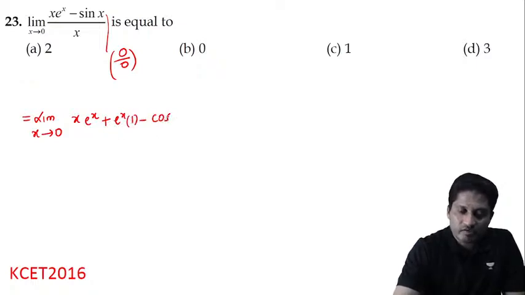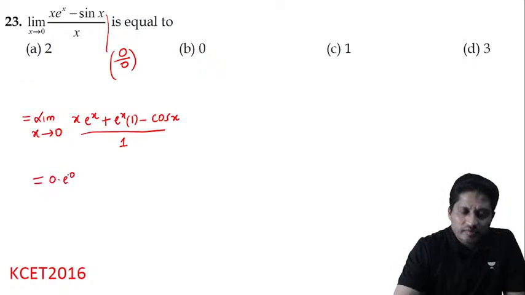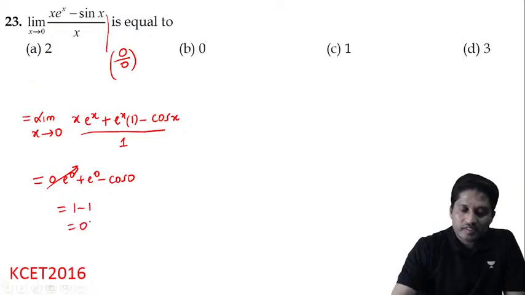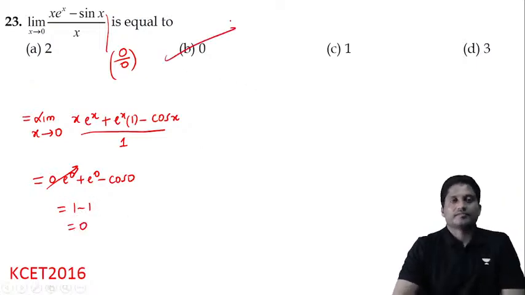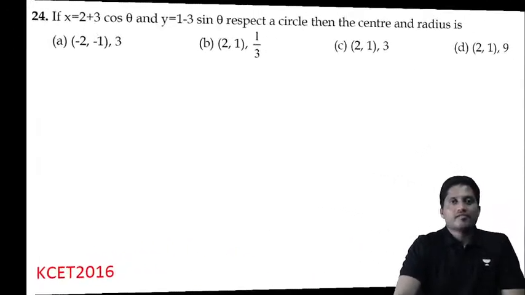Differentiation of sin x is cos x, whole divided by differentiation of x, which is 1. Now if x is tending to 0, 0 into e to the power 0 plus e to the power 0 minus cos 0. Anyways, 0 into e to the power 0 is 0. E to the power 0 is 1, cos 0 is 1, we get 0. Answer is option B. Let's move to the next question.